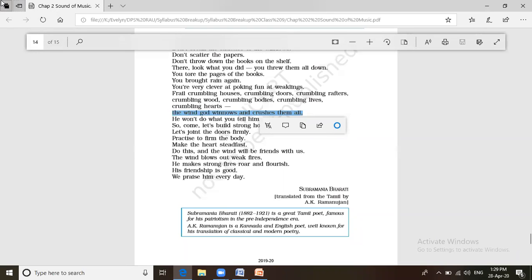So here there is a comparison between the wheat and the people. Yes. Just like we winnow the wheat to separate the grain from chaff, the wind god separates the strong people from the weak people. When there is a strong wind, all the things that are weak fall and get crushed.